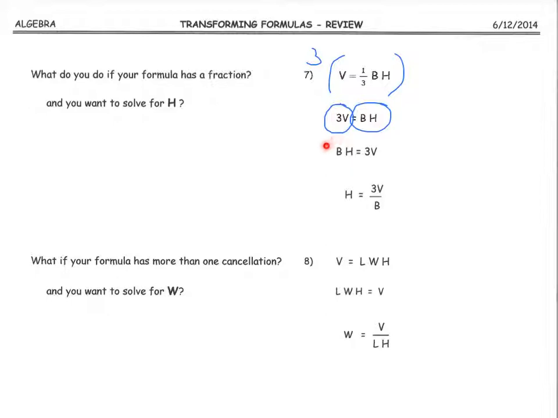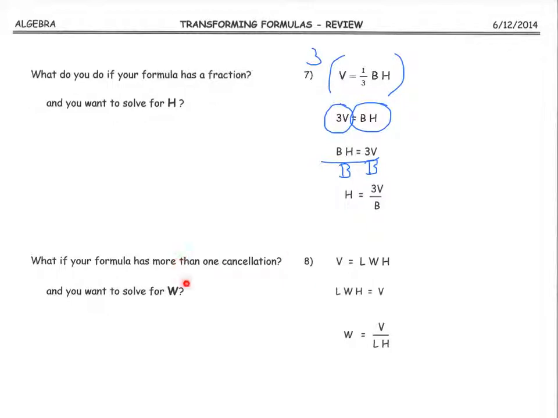Since b is attached by multiplication to h and we want to solve for h, then what we're going to do is divide off the b, and we end up with h equals 3v divided by b. If you hadn't cleared the 1/3 in advance, you would have had to divide by it, and that would have caused major complications in math.